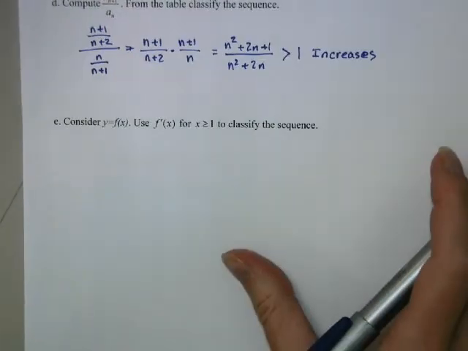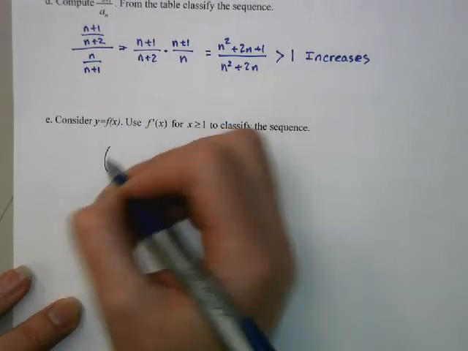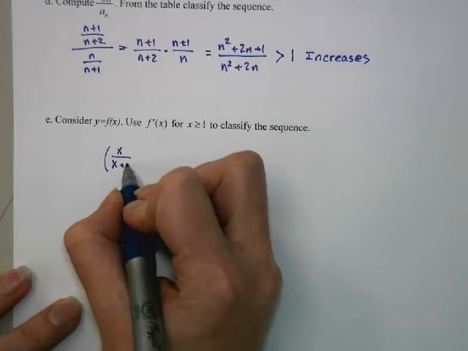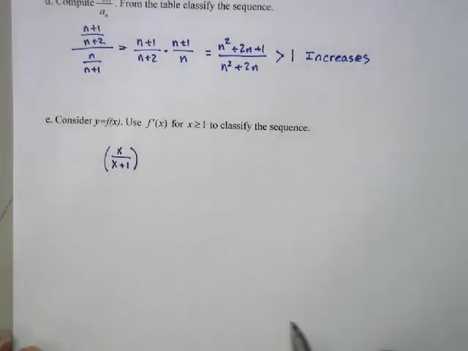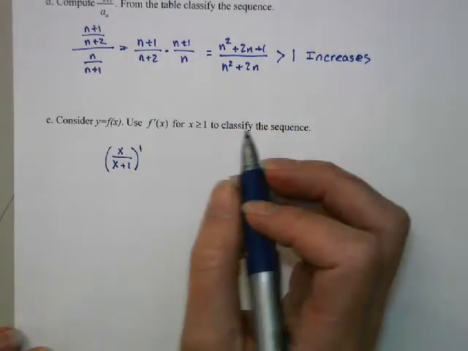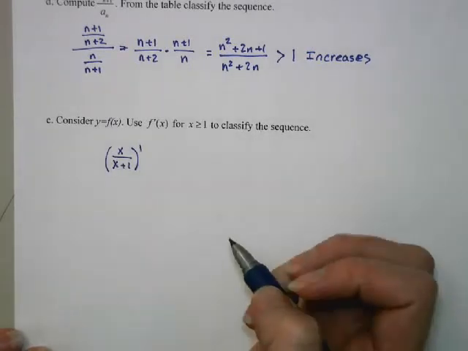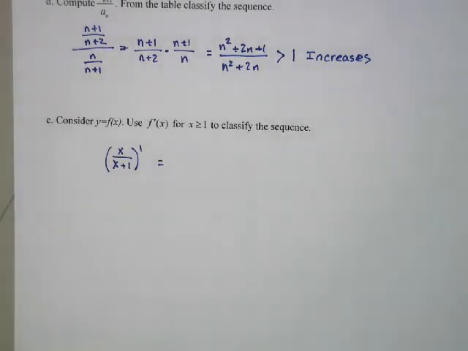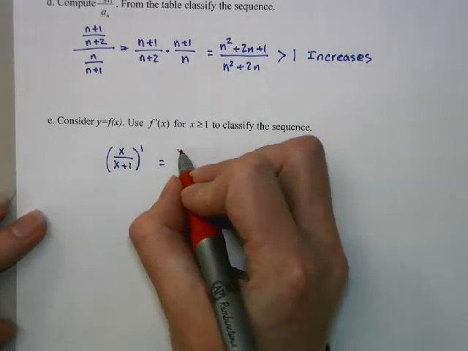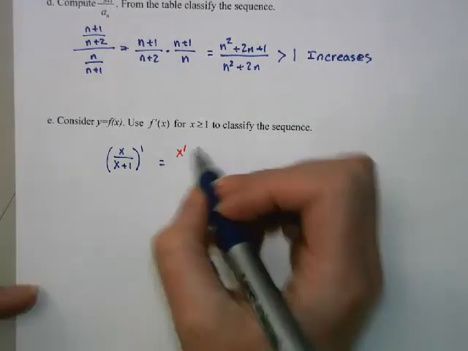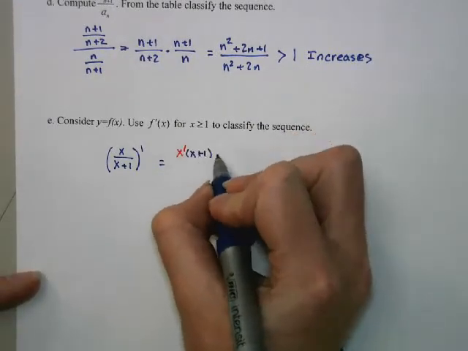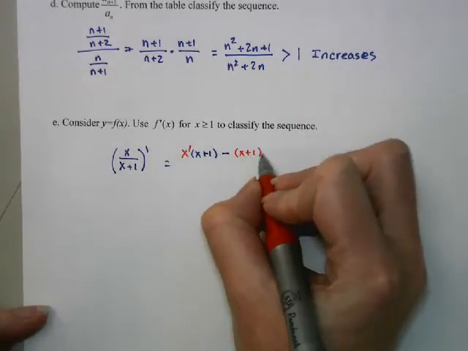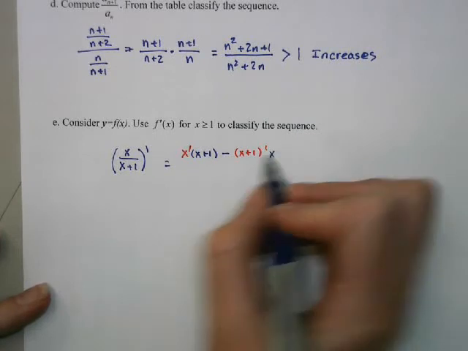Now let's look at the derivative. Now I don't know why we got to replace it with x, but we'll go with it. So we're going to take this derivative using the quotient rule. So that's going to be the derivative of x times the bottom minus (x plus 1) prime times x.